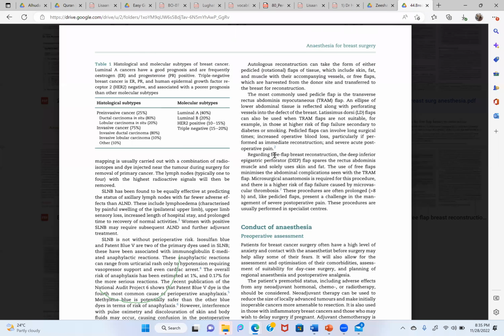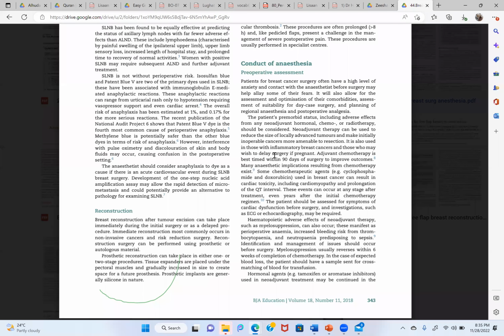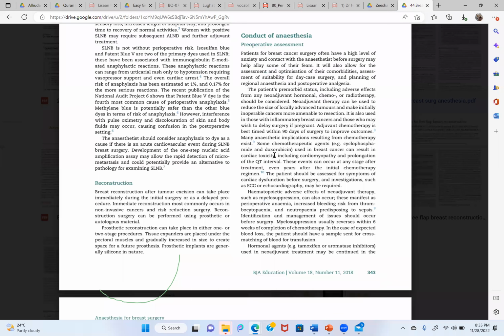If you understand this, you can use it in any other carcinoma, except for the things related to the location. For example, if there is airway cancer, or any carcinoma involving or near the airway, that will be an additional thing. Otherwise, all of them will have almost similar effects.